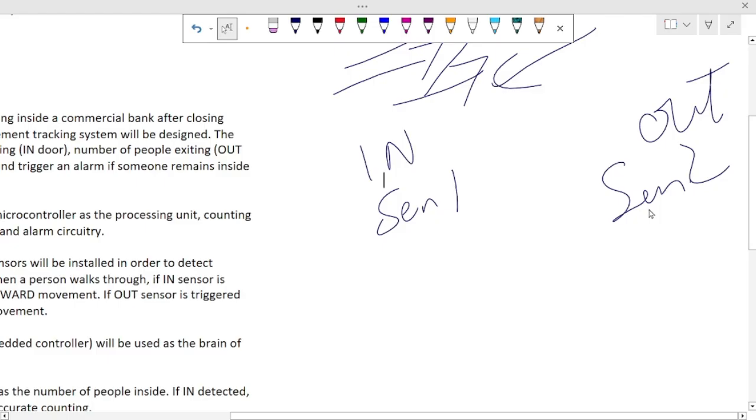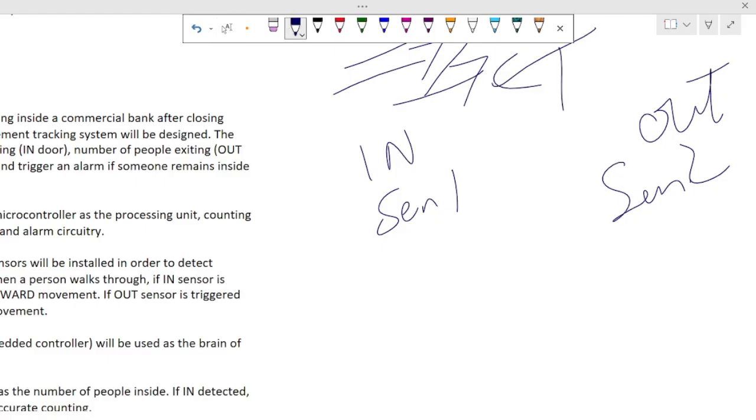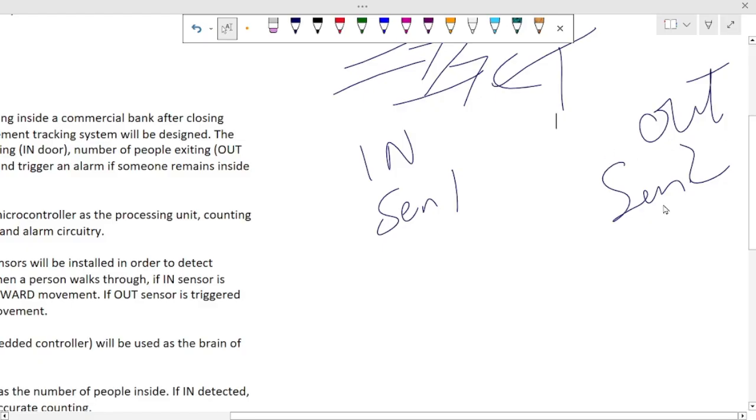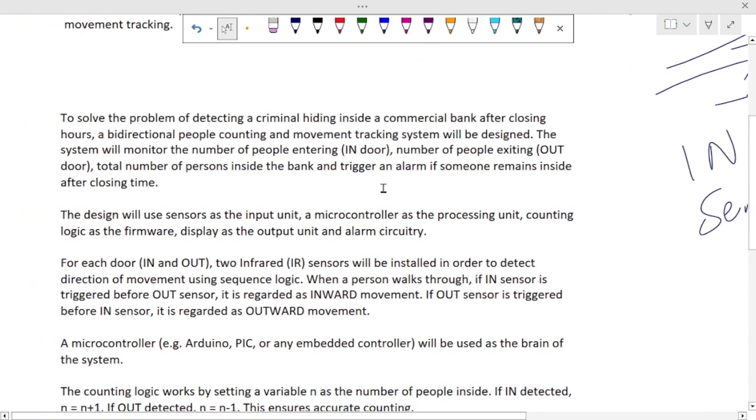That means the person is going in. So the count will be what? 1. But if this sensor, the out sensor, is triggered first before the in sensor is triggered, it means the person is walking like this. Okay, the person came from this side, walking like this before this one is triggered. It means it was the out sensor. That means the person is going out. So -1. Okay, so that's the idea.